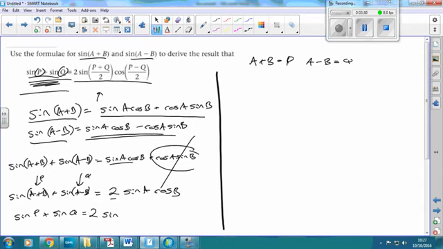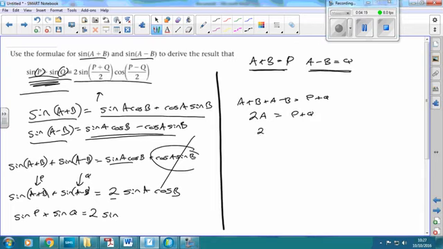So what we've got is this thing here and this thing here. What happens if we add them together? A plus b plus a minus b equals p plus q. A plus b plus a minus b is going to be 2a, and that equals p plus q.